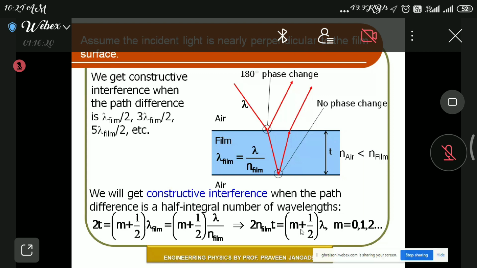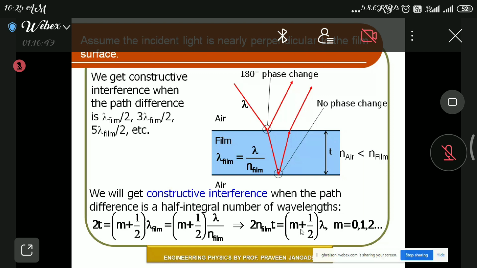That was earlier the condition for destructive, now it becomes the condition for constructive interference. So these are the modified conditions: we took the previous condition of interference and applied it to the thin film, and then we got these modified conditions. Please try to understand this so that you don't get confused between the previous and the latter one.